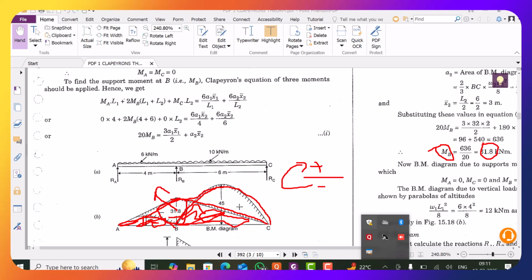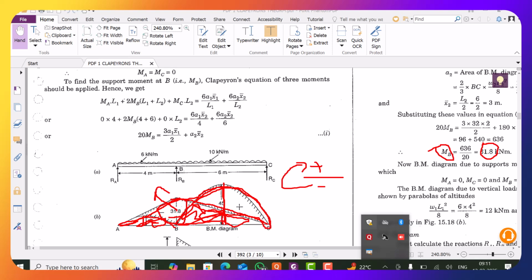This portion is the sagging bending moment, but this portion is not 45 kilonewton meter. It will be 45 minus this ordinate.